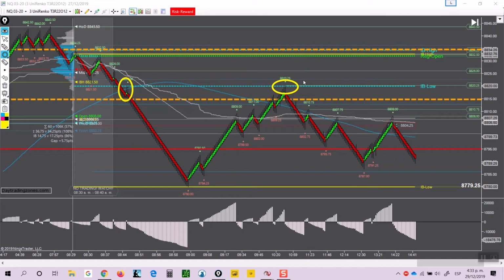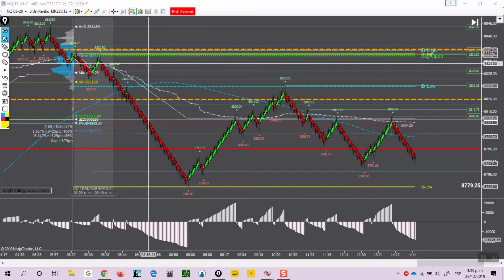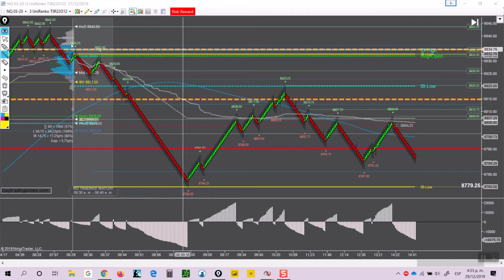So just to recap a little bit before going into more. First thing we want to do is establish the opening price, and that should be a level. Then we want to establish the opening swing high and opening swing low. After that, we don't want to trade for the first 10 minutes.